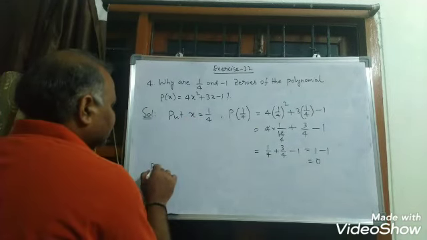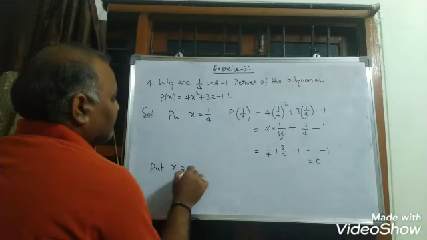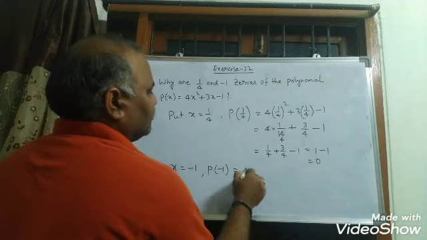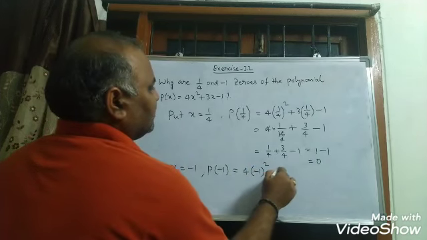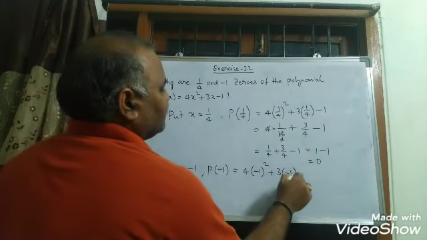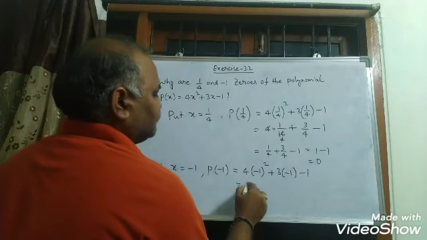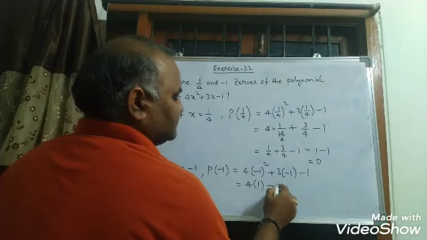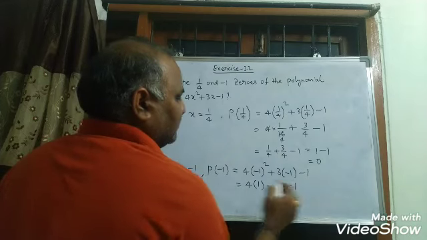And let us verify the second one also. Put x equal to minus 1. p(minus 1) is equal to 4 into (minus 1) whole square plus 3 into minus 1 minus 1. So 4 into (minus 1) whole square is plus 4. Plus into minus, 3 into 1 is 3, minus 1.